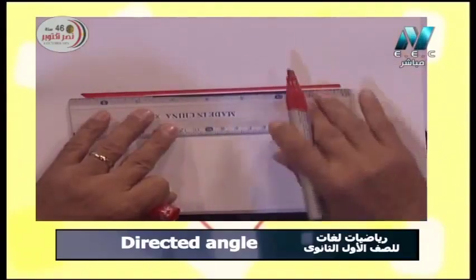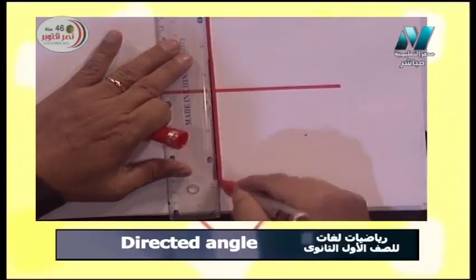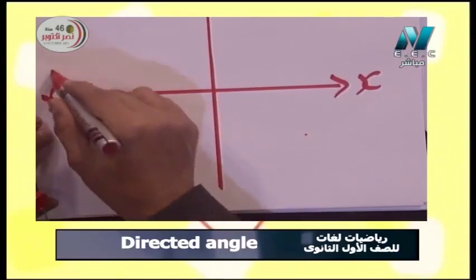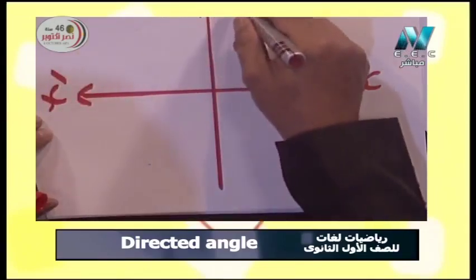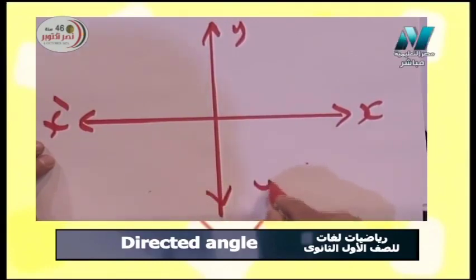What are the quadrantal angles? Let's see here. If we have the x-axis and y-axis like that, we have here x-axis and y-axis, x dash, which is negative, y, and y dash.